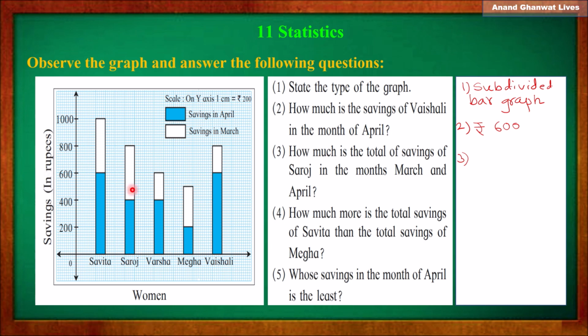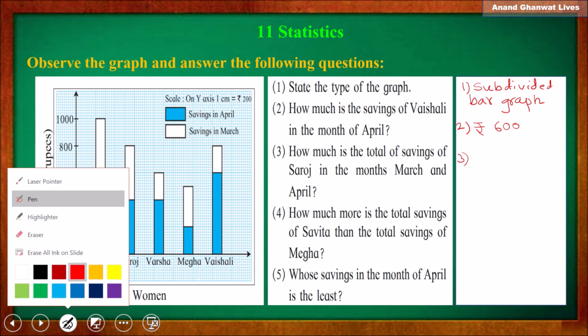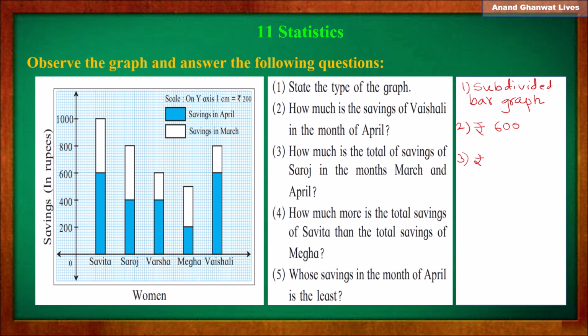So we found here that the saving of Saroj in April is 400 and in March is also 400, and total saving is rupees 800. So rupees 800 is the answer. Means total saving of Saroj in month March and April is rupees 800.